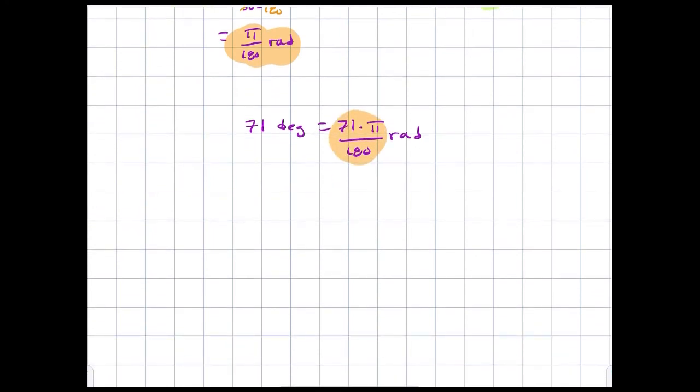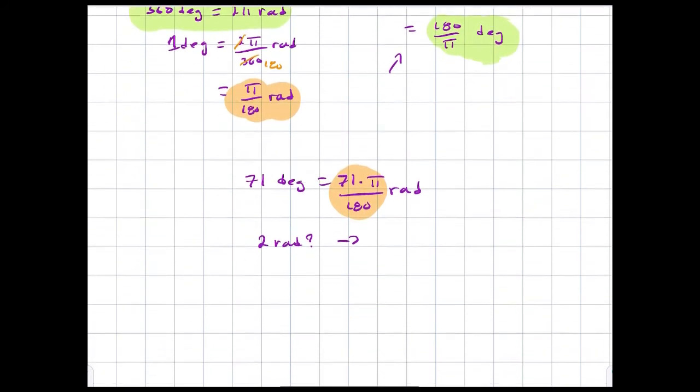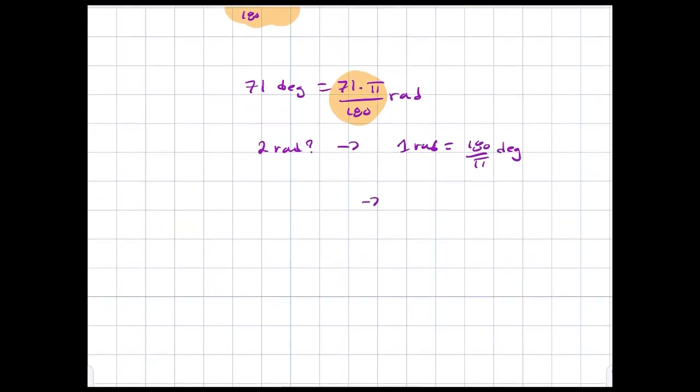What if I want to know what is 2 radians in terms of degrees? Well, remember, I know that 1 radian from up here is 180 over pi degrees, which means that 2 radians, actually let's make it more interesting than 2.